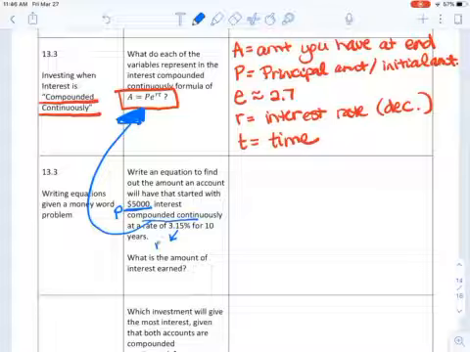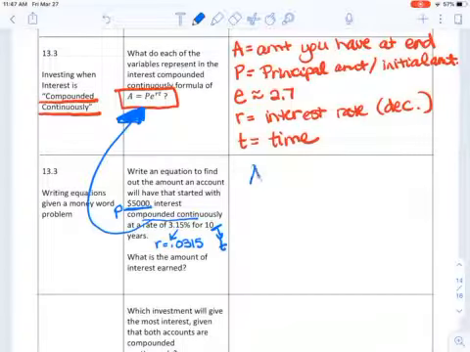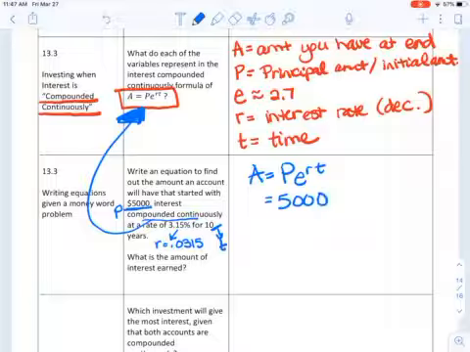Your rate, if it's 3.15%, the rate we're going to plug in is 0.0315, and 10 years is our time. So again, we're going to use this formula, and I'm just plugging stuff in. So I have 5,000.